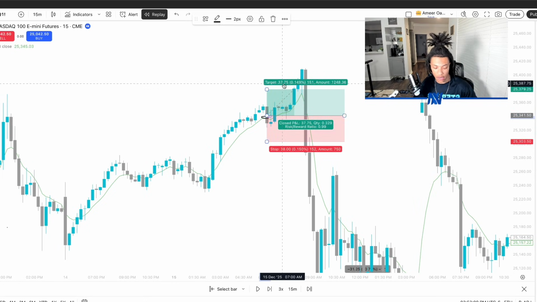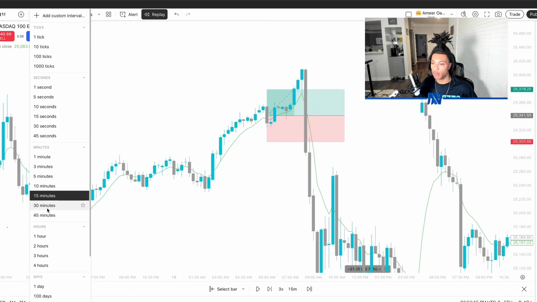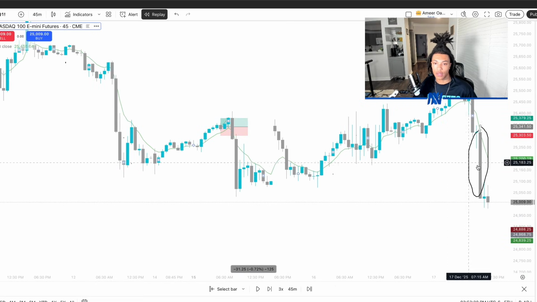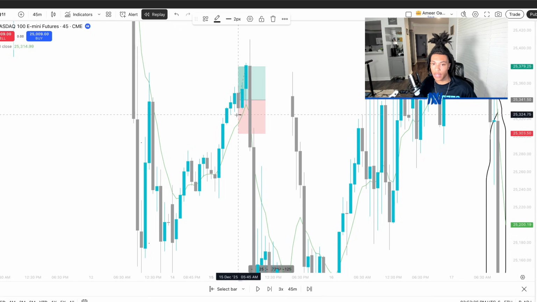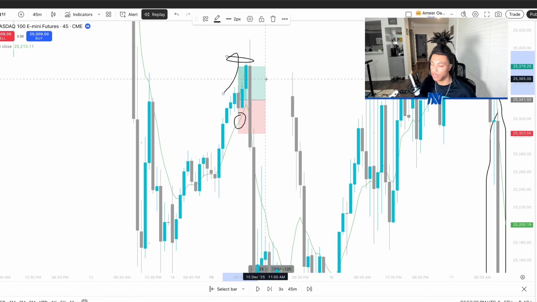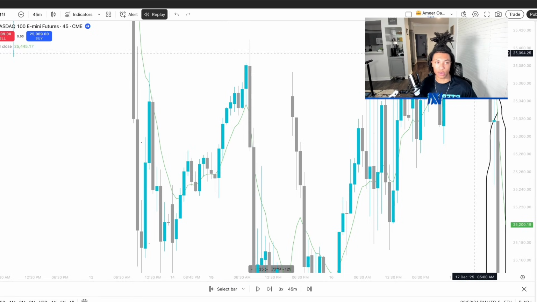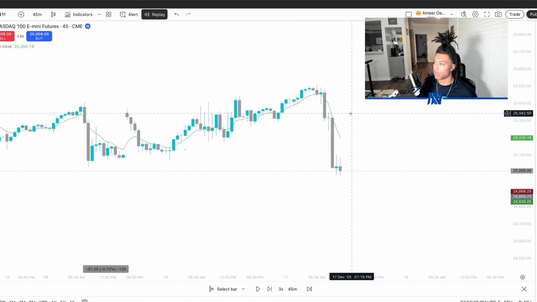But you still want to give it enough room, enough breathing room for it to come to the downside. Because if we come to the 45-minute on that same area, it came back down to this 8 EMA equilibrium zone, ended up rejecting off of it, and then coming back to the upside to hit our take profit. So these are just examples, and there's numerous examples of good 8 EMA trend continuation model setups.